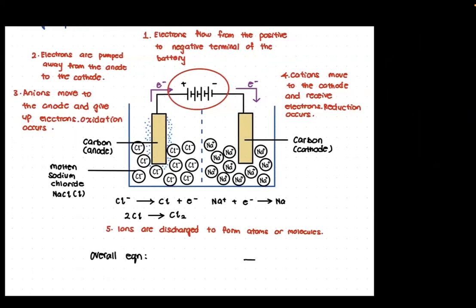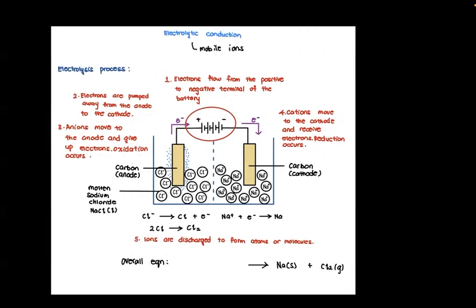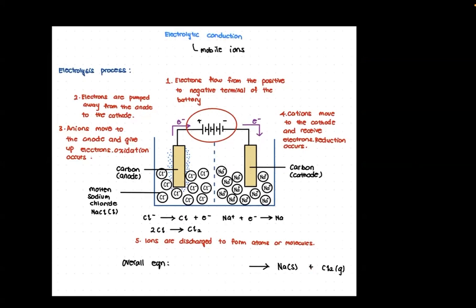I already know my products: Na in the solid state as well as Cl2 in the gaseous state. Can someone tell me what the initial reactant was? NaCl aqueous. Correct.